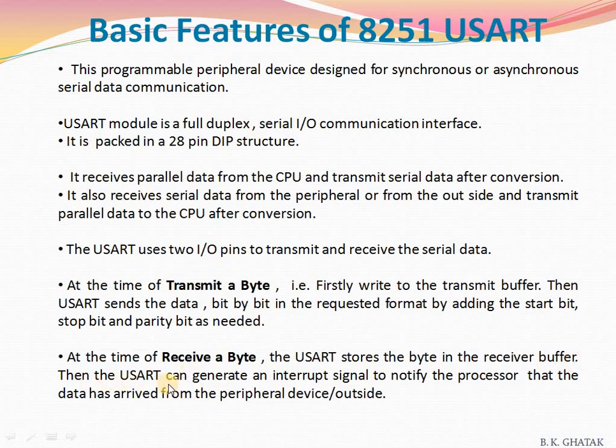Then the USART can generate an interrupt signal to notify the processor that data is received, and then the data is converted into parallel format and given to the microprocessor, coming from the output device or some other peripheral device. Clear? So those are the basic features of 8251 USART.